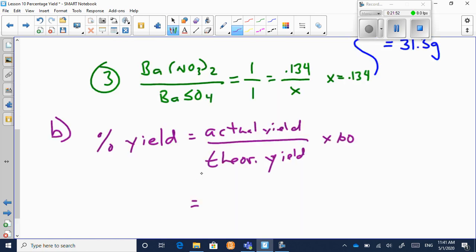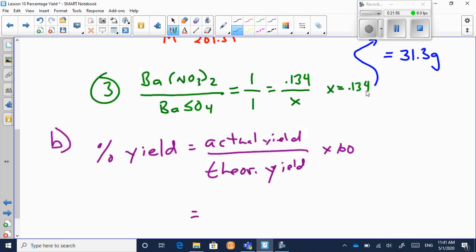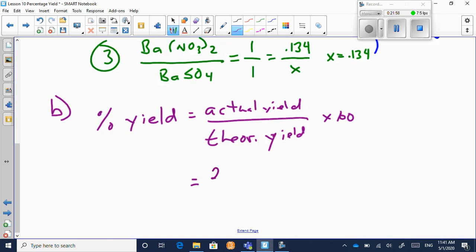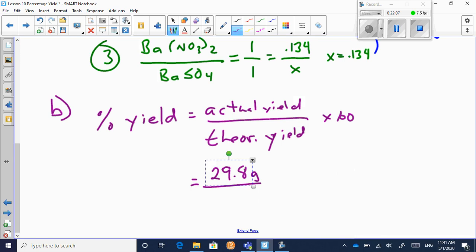The actual yield that they told me in the question was 29.8 grams. 29.8 grams divided by my theoretical yield, 31.3 grams, that stoichiometry told me I should have produced. And so in this case, 29.8 divided by 31.3, and I get a 95% yield.